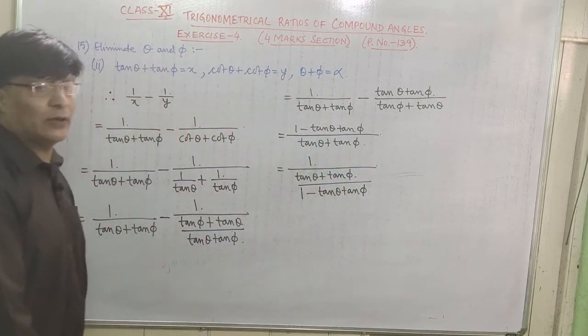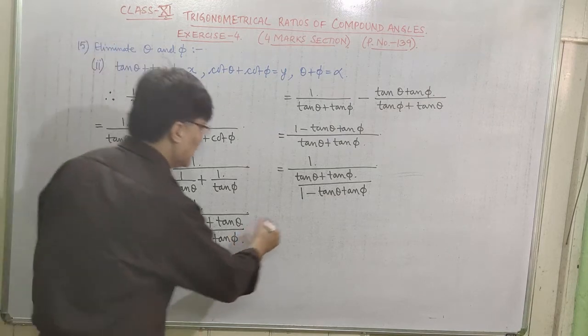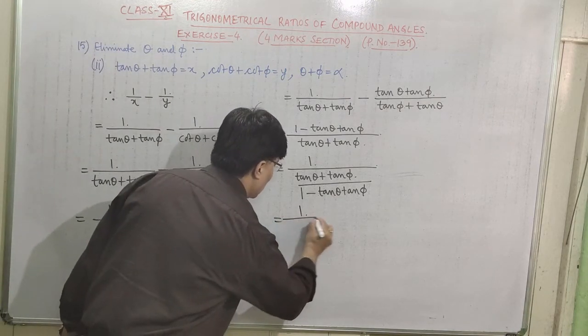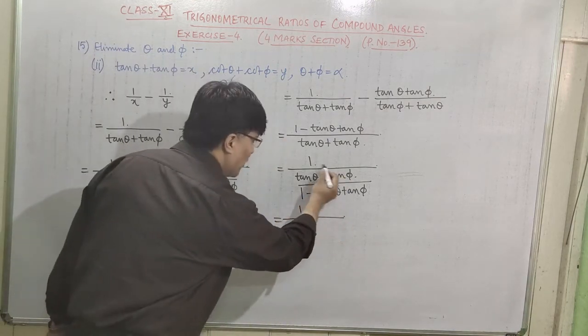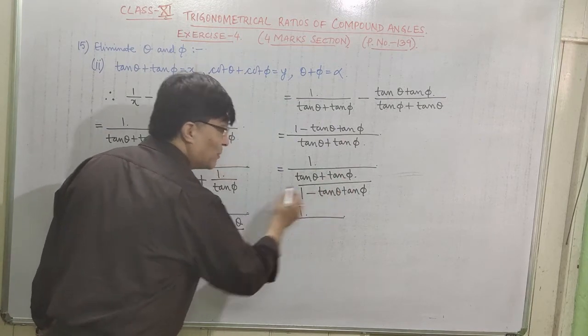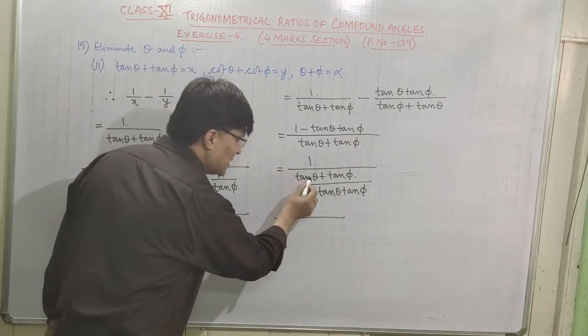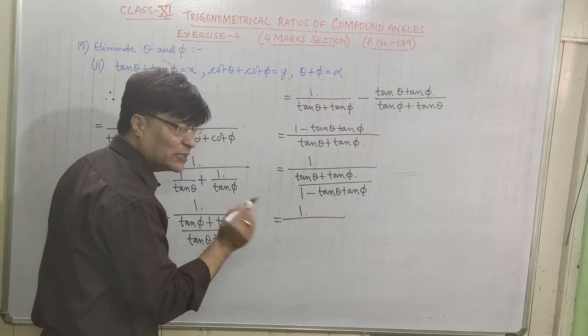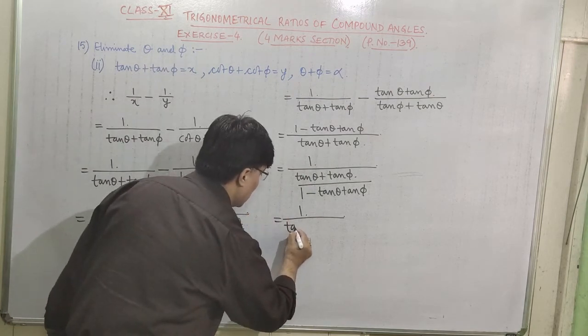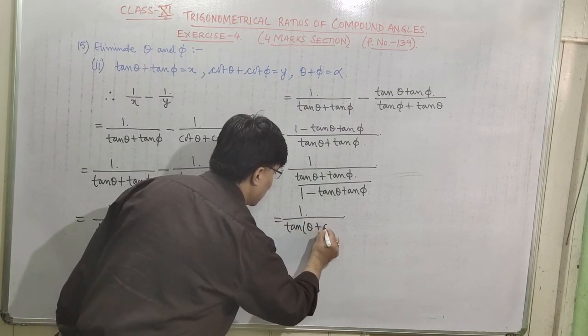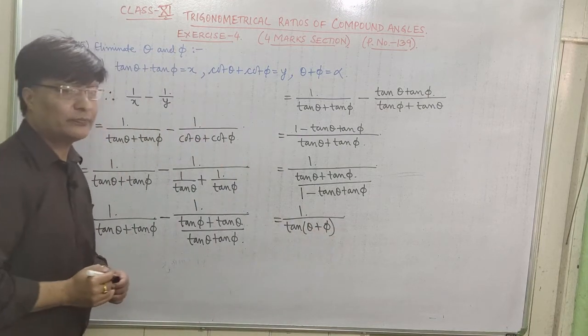So I think you have understood it, okay? So which is equal to 1 upon, so let us use the formula of tan a plus tan b divided by 1 minus tan a tan b. Here theta is a and phi is b. So what is the formula? It is tan of theta plus phi.